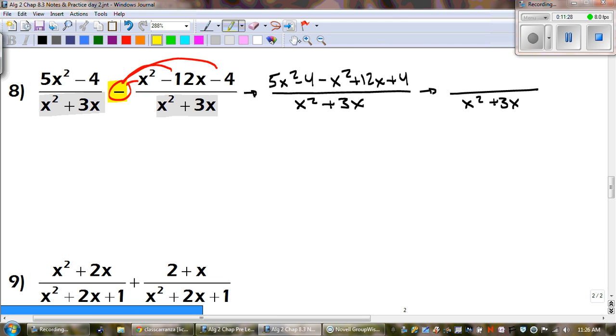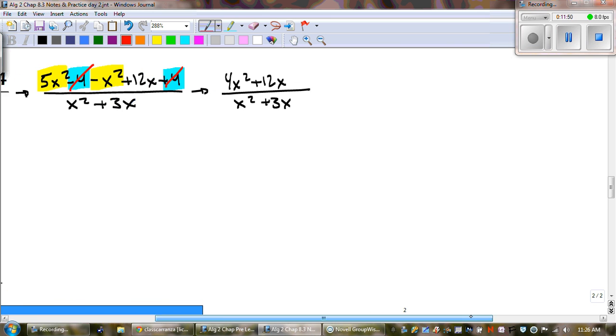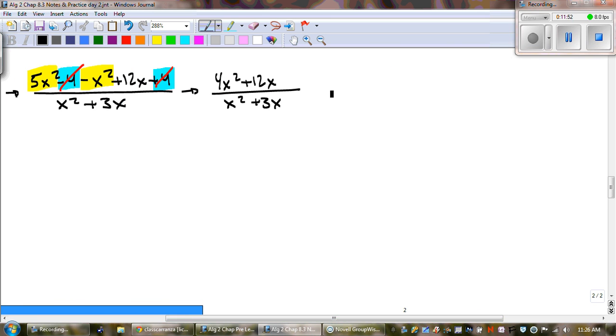Let's combine our like terms. 5x squared minus x squared gives us 4x squared. Let's see, then it goes to plus 12x, and then negative 4 plus 4. Oh, those cancel. Okay, what's next? Well, GCF.